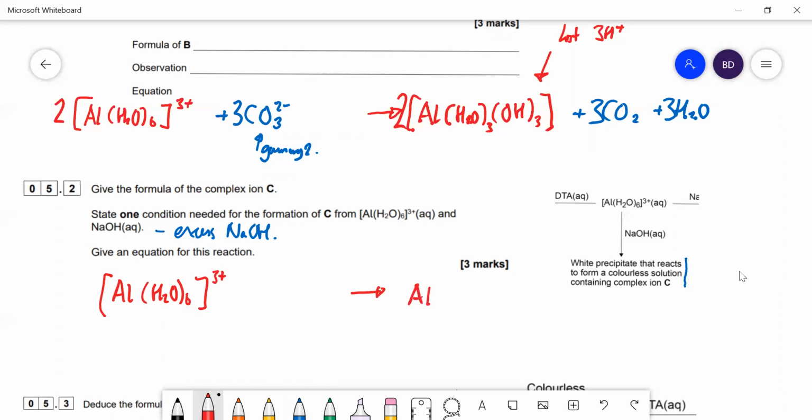So you're going to end up getting 4 OH minus ligands there, which means the charge on this is 1-. What do we need to balance that? We need 4 OH minuses, and each one of those is going to pull a proton off the aluminium here to form 4 waters. That's the equation for that.